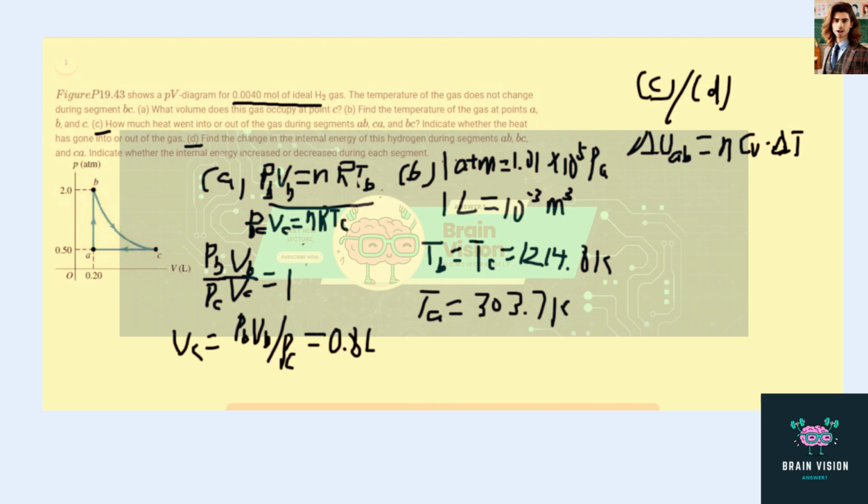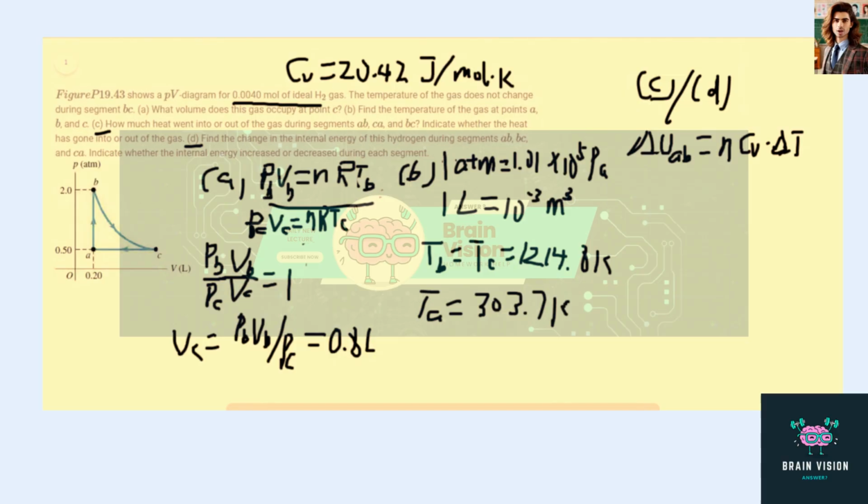You can look up this number in your textbook. The number I found is CV equal to 20.42, and the unit is joules per mole times Kelvin.